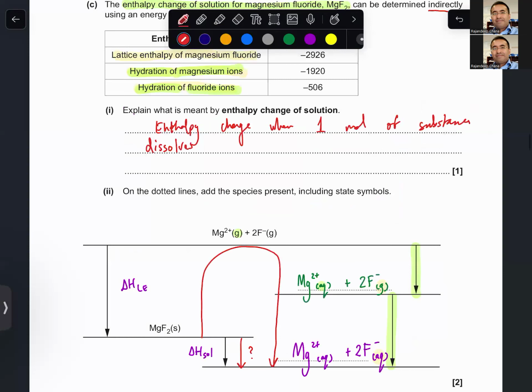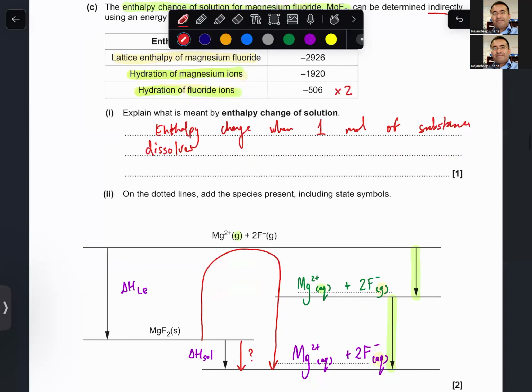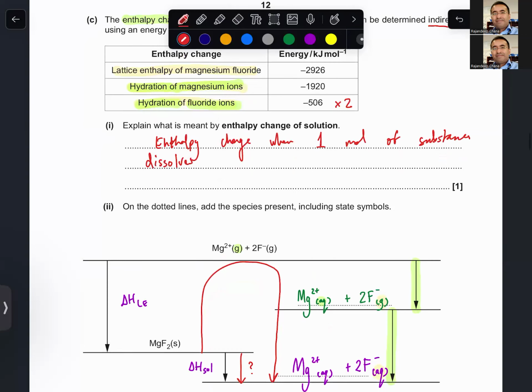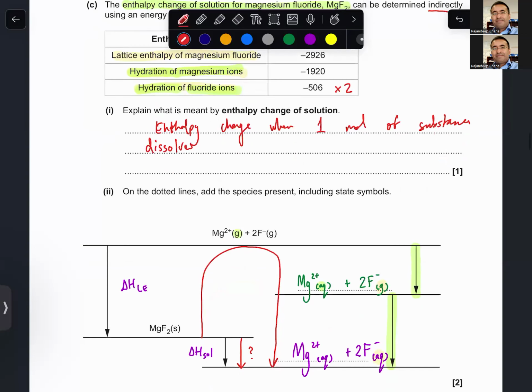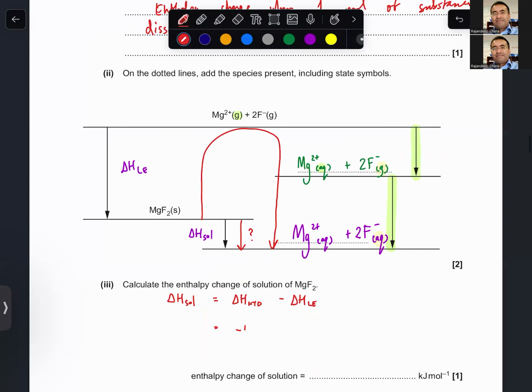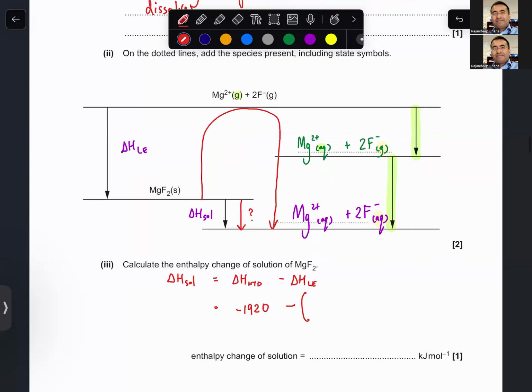So this will be hydration enthalpy of magnesium is minus 1920, minus open brackets. Mark scheme is doing it in a different way. Let's just try this way out first.